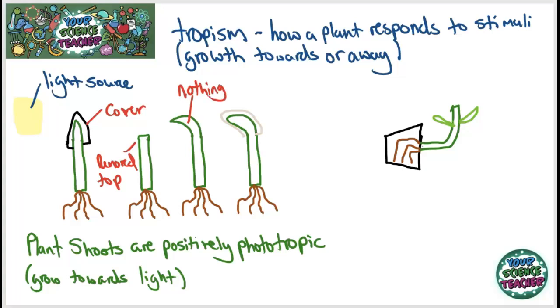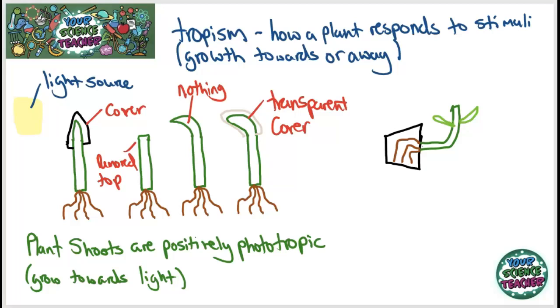And here I have a transparent cover so that the light can pass through it, just to prove that it's not the weight of the cover doing anything to the plant, it must be the light that is causing this change in the growth pattern.